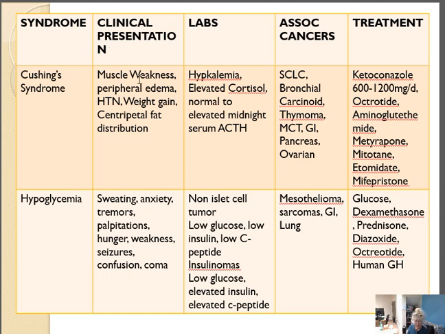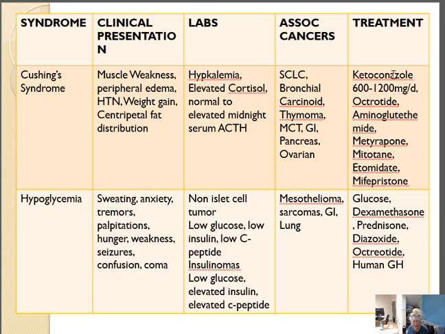Cushing's disease is usually from a pituitary adenoma. Syndromes can come from anywhere. Small cell lung cancer, bronchial carcinoid tumors, such as the MEN 1 and 2, thymomas, GI tumors, ovarian and pancreas, and they tell you how to treat it.